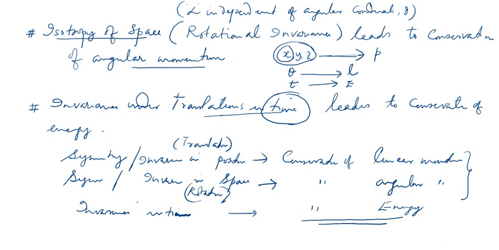Even though you talk about a large number of conservation laws in nuclear physics or particle physics, like conservation of other quantum numbers, such as the isospin quantum number, these three are the fundamental conservation laws in physics, and they are related to the corresponding symmetries.